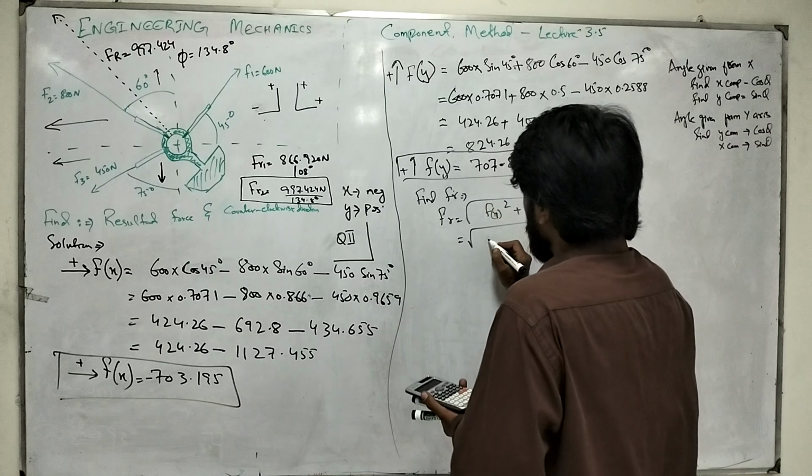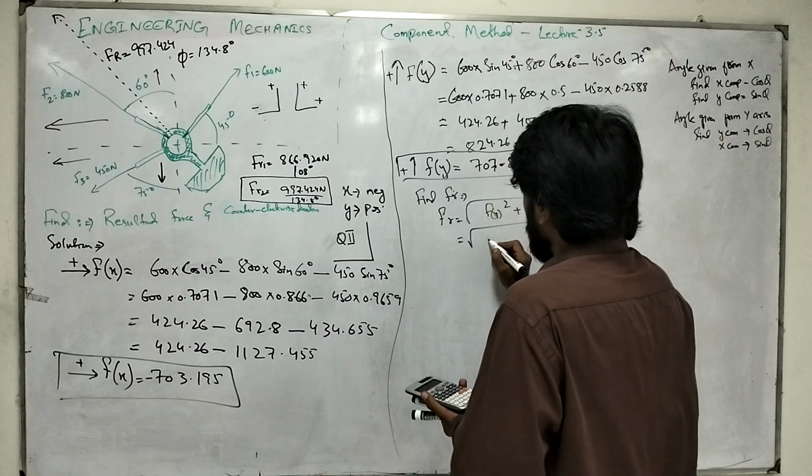If I add both these values, I have the value over here, 995,464.048, and I need to take its square root.